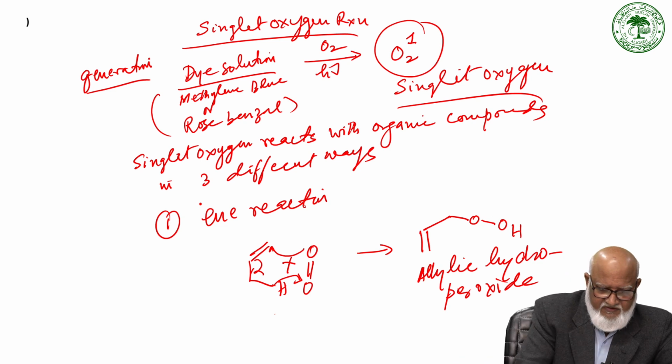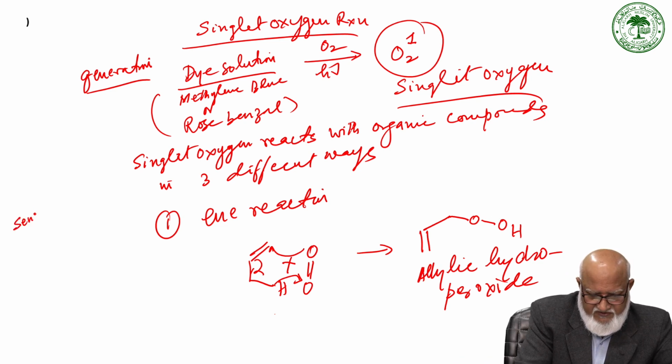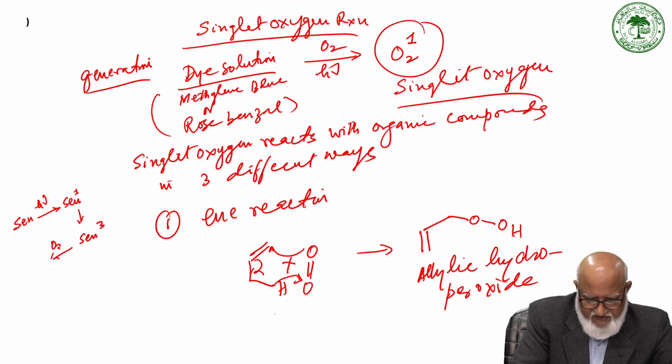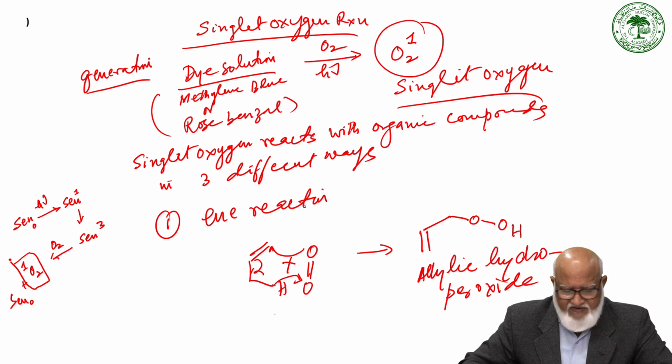We can write here the sensitizer, on absorption of light, goes to a singlet excited state and then to a triplet excited state, then reacts with oxygen, generates singlet oxygen, but the sensitizer goes to the ground state. So this is how the sensitizer converts.